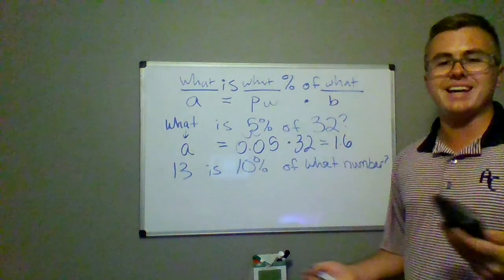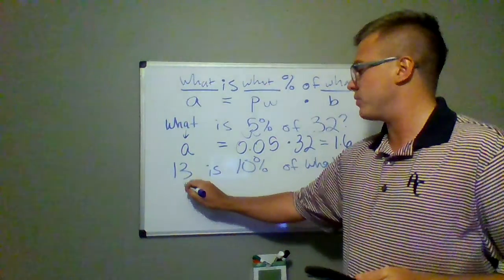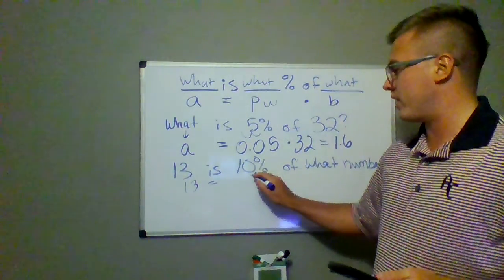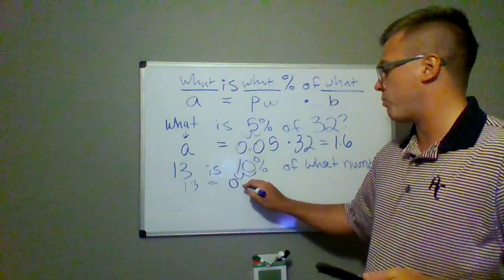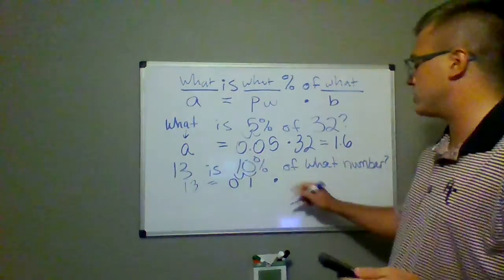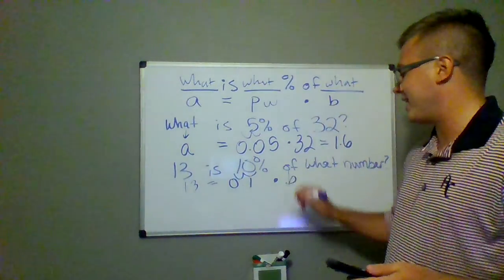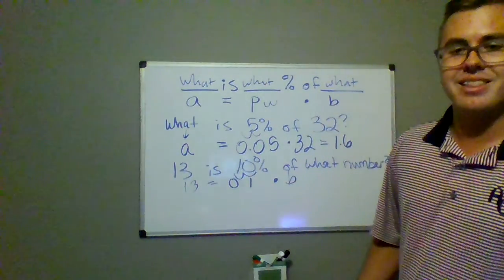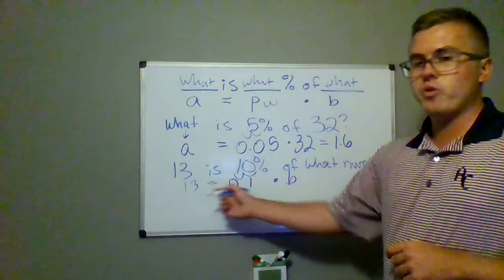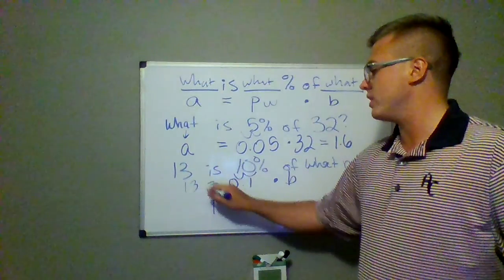This next one will take a little bit more work. We've already got a number in this spot. So 13 equals 10%. Remember, we move the decimal 2 places, so 0.1, of what number? We don't know that part, so times B. We used B at the top, so let's use B again. You could use whatever letter you like, but I'm going to use B. Now we've got an equation to solve, and really it's just one simple step.